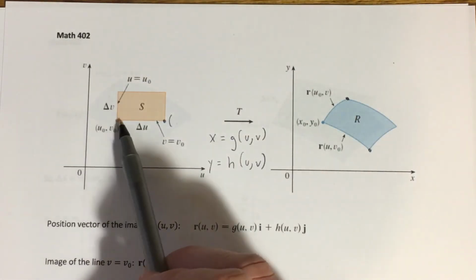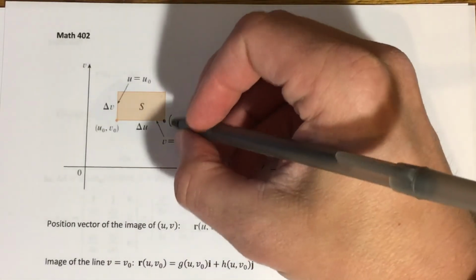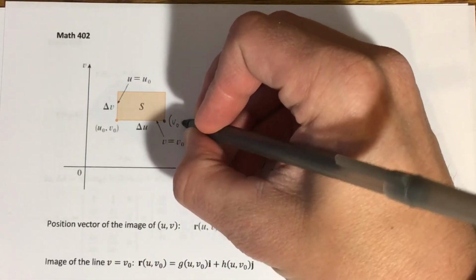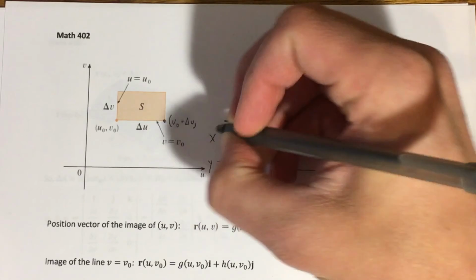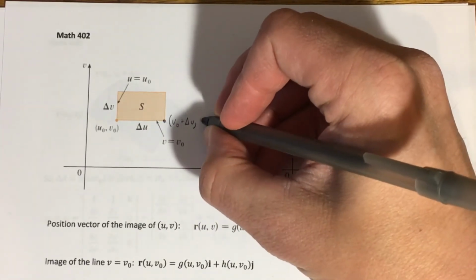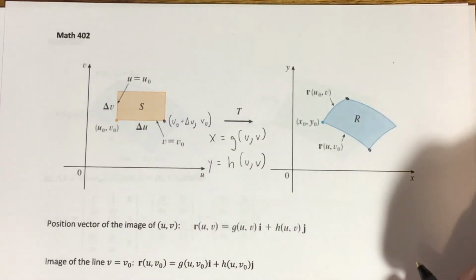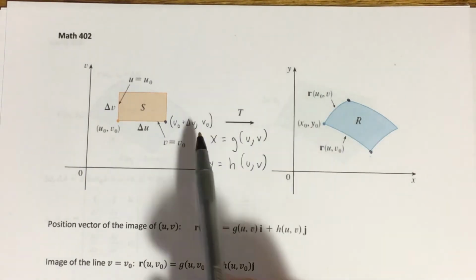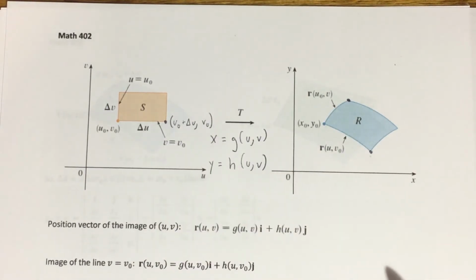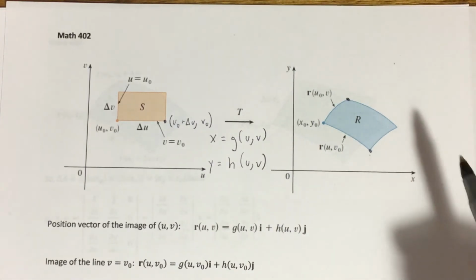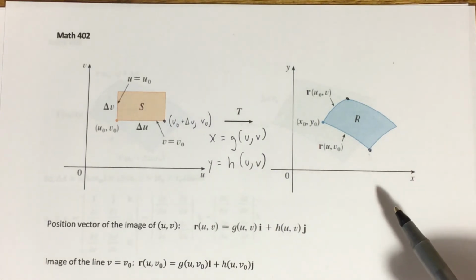So we have u naught here. We're changing by delta u. That means that the u coordinate there would be u naught plus delta u, and this would be v naught here. Okay, so this point here should be the image of this point here, which means this point is plugged into R.